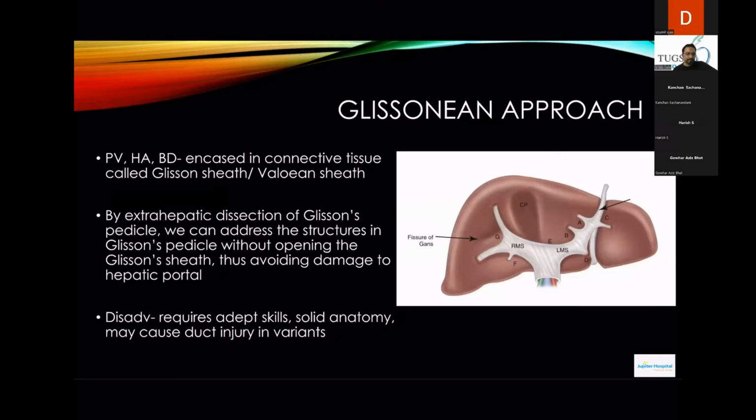By extrahepatic dissection of this capsule, we can address these structures in the Glissonian pedicle without opening the sheath, thus avoiding damage to the hepatic portal structures. The only disadvantage with this approach is that it needs very thorough, solid anatomical knowledge and very good operative skills. It can cause ductal injury when there are anatomical variations.